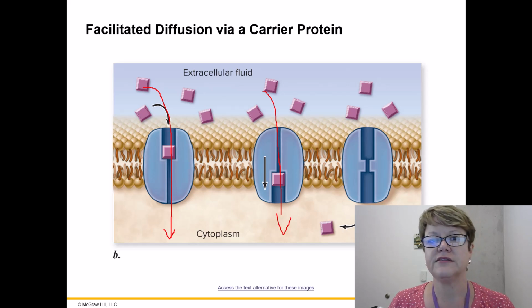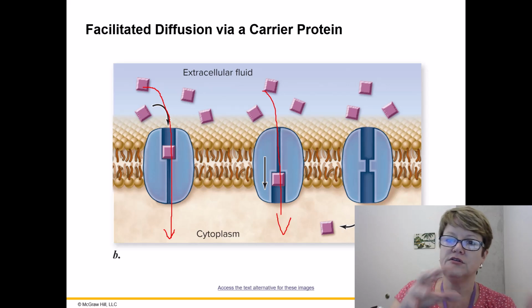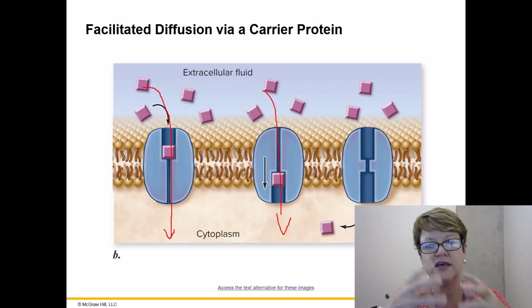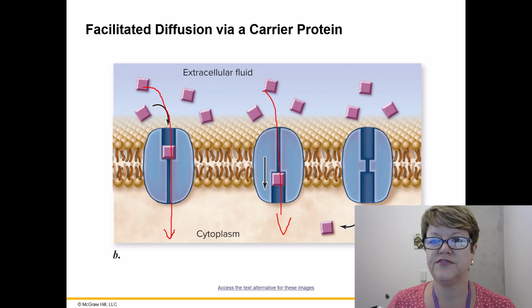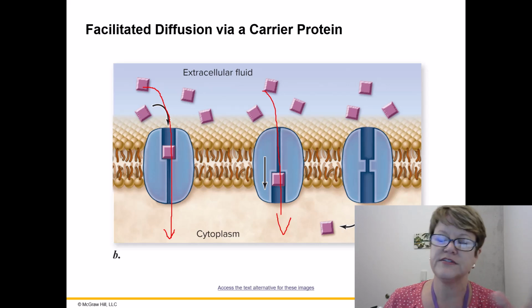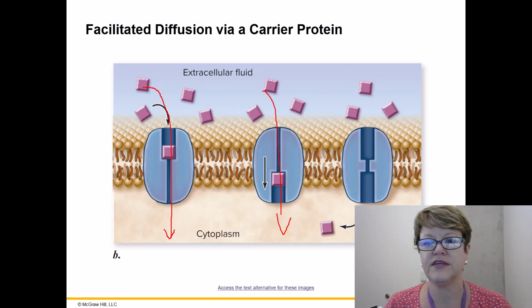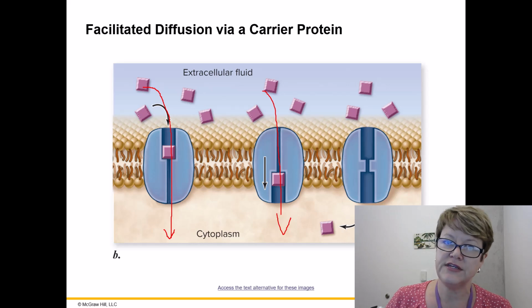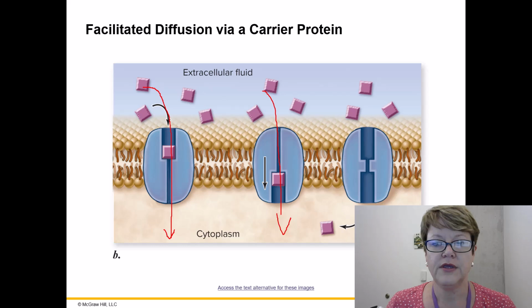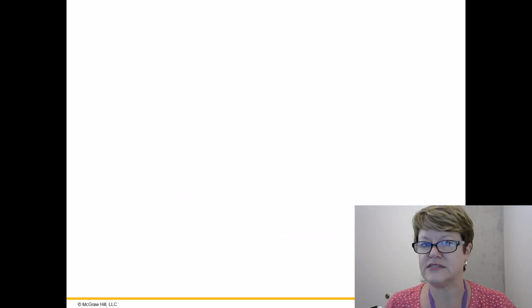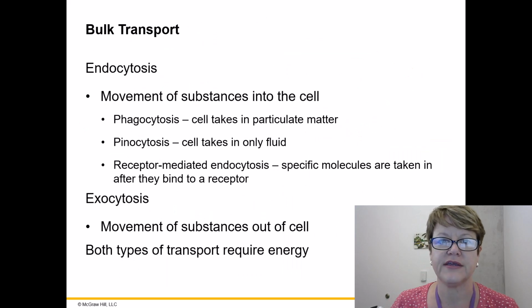So you're combining the two terms based on looking at different aspects of the event. So facilitated diffusion and active transport focus on whether or not the movement of the particle or molecule is going with the gradient or against the gradient. And then uniporter, symporter, and antiporter has a different aspect that it's looking at. Let me flip back here.